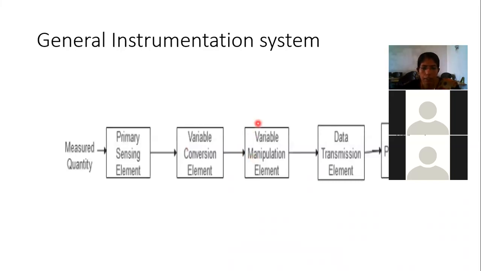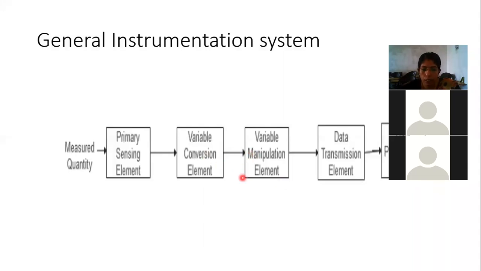Then the variable manipulation element, one example being an amplifier. If the signal has low magnitude, we have to amplify it to operate the presentation element. So we use an amplifier stage as the variable manipulation element. An electronic amplifier can amplify the electrical signal coming from the variable conversion element.